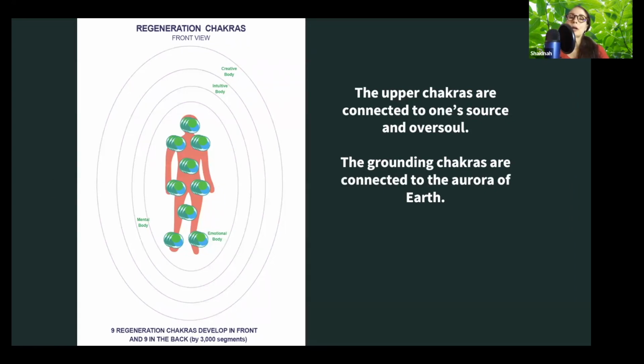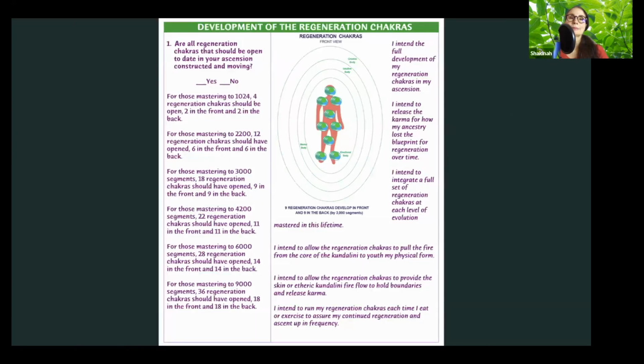The grounding chakras are connected to the aurora of Earth. Here is a worksheet on the development of the regeneration chakras, some attentions and questions to ask yourself.